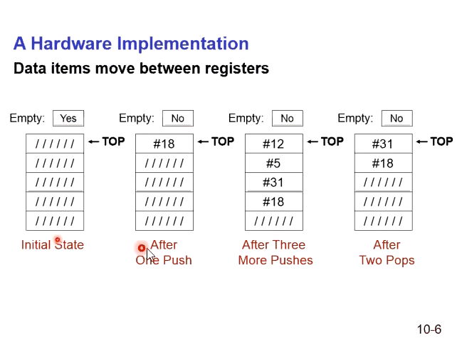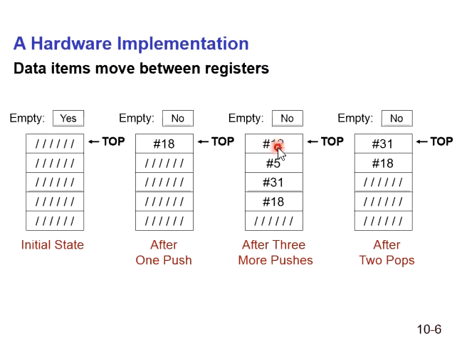And if we put one data item in the stack, we have this item. Of course, when we have only one item, it's on the top of the stack, so we see it's here. At that time we say empty, no, because you have one item in the stack.